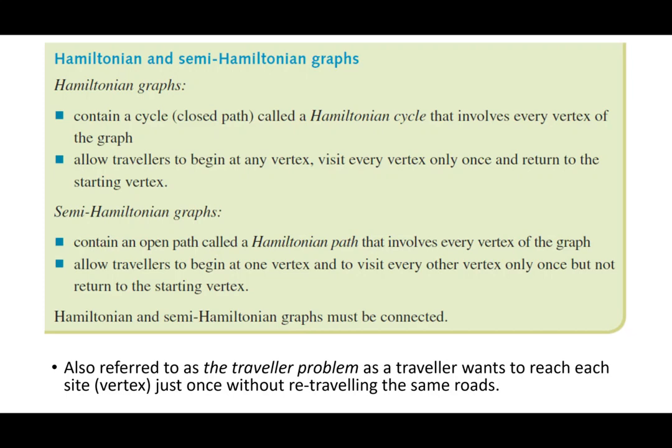What it doesn't say up there, unlike an Eulerian graph, is that you don't need to use every edge, so you can leave edges unused. That's allowed. You just need to visit every vertex once and not repeat any vertices.